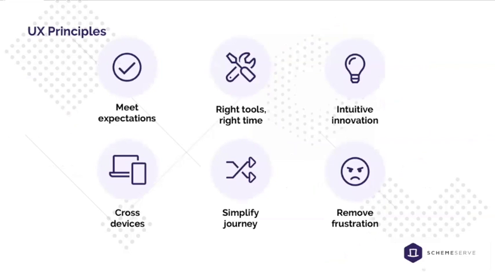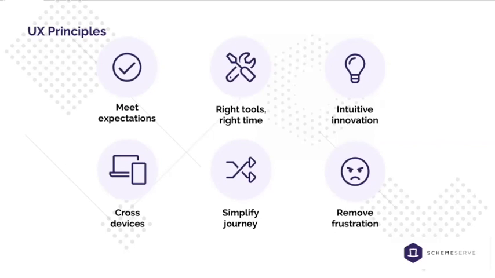Principles of UX. When we're designing things from a UX standpoint, there are certain principles that we want to adhere to. The first one is meeting expectations. That means that when a user comes onto an interface or a website that they're using, things function in a way that they expect. There is nothing more frustrating than clicking on something or doing something on a website and it does something completely different to what you expected it to do.